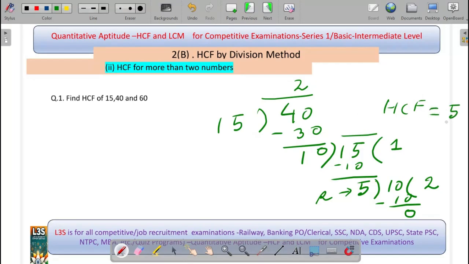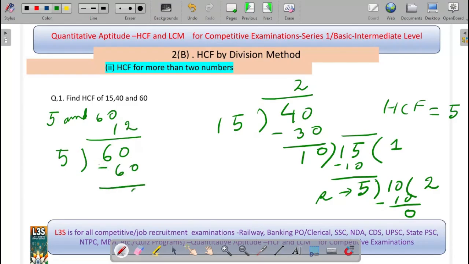Now we have to find the HCF between 5 and 60. Here 60 is the larger number and 5 is the smaller number. 5 into 12 is equal to 60, so the remainder will be 0. So 5 will be the last divisor.